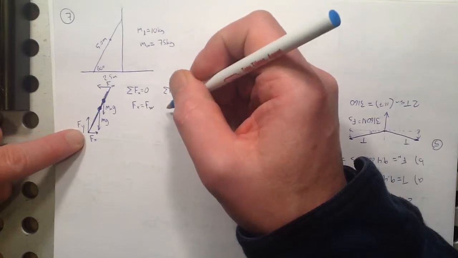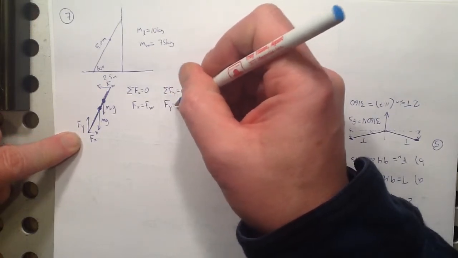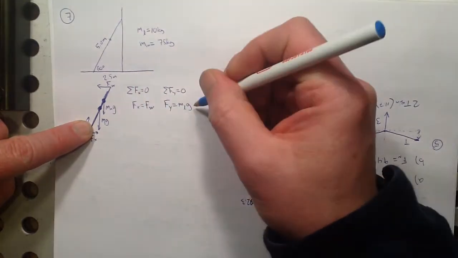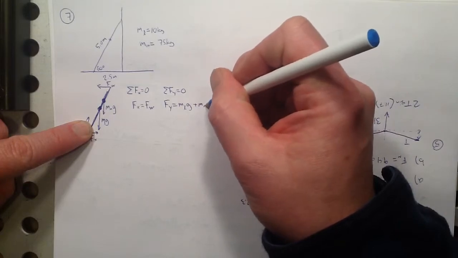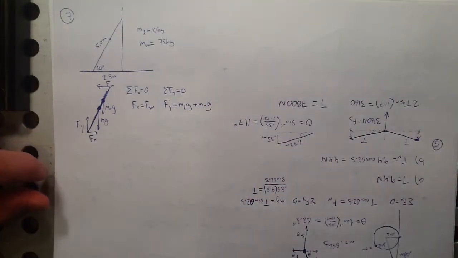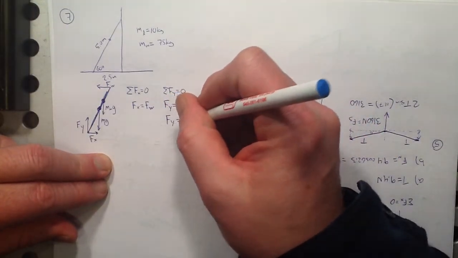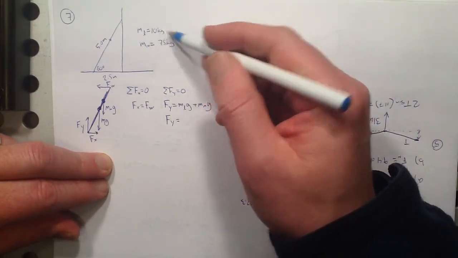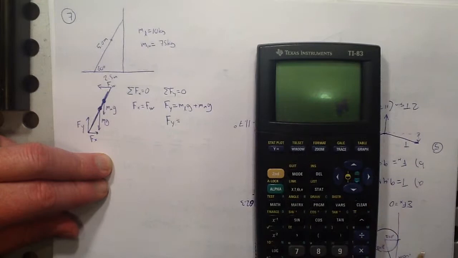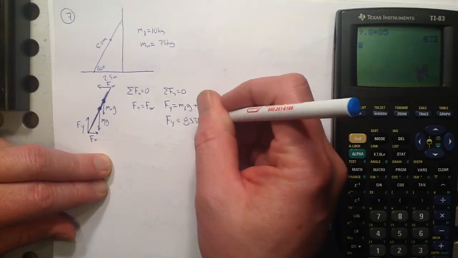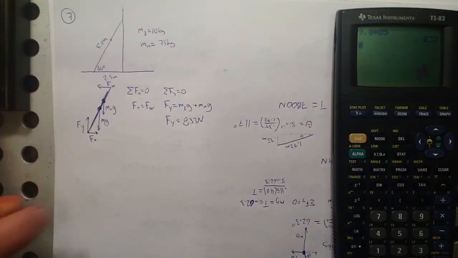That would give me an equation that Fy would have to be equal to the mass of the ladder times gravity, put a little L in there, plus the mass of the man times force of gravity. So I could find that right now, so why don't we go ahead and do that. That would be 9.8 times the two of those combined, which would be 85. So that's 833 newtons. That would be that force, right?